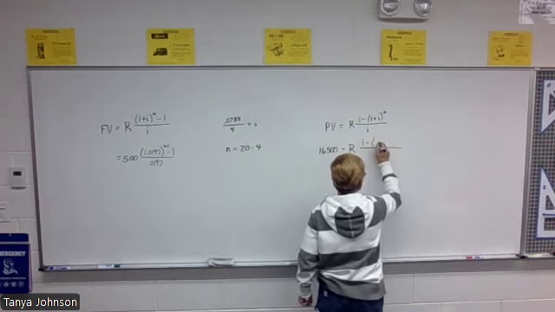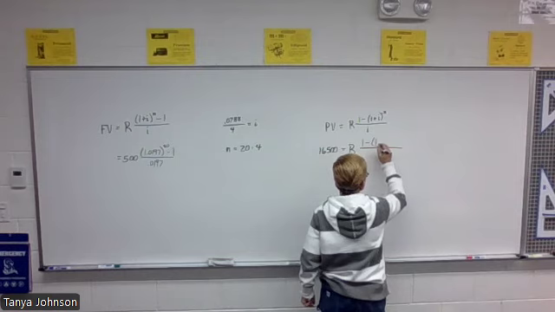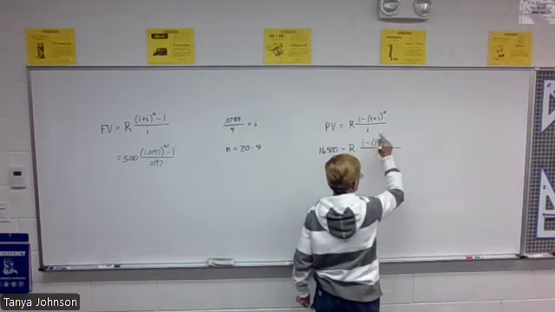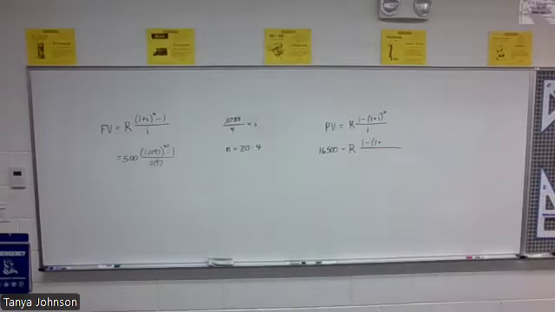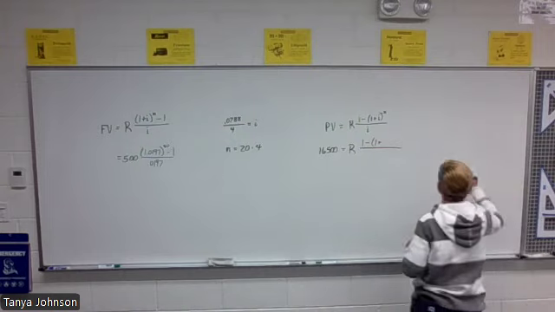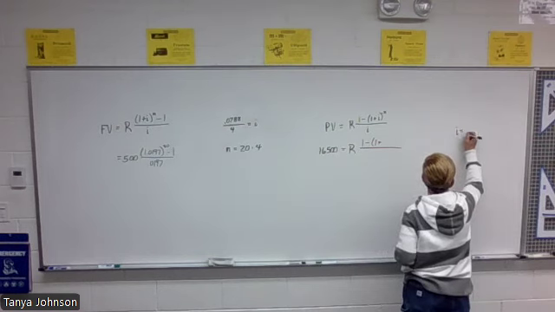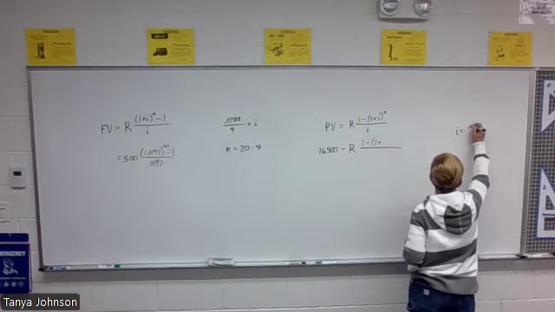1 minus 1 plus I, where I is not the annual interest rate. In our case here, because he's doing monthly payments, it is the annual interest rate divided by 12. So I, over here, if you want to do this on the side, is 0.029 divided by 12.